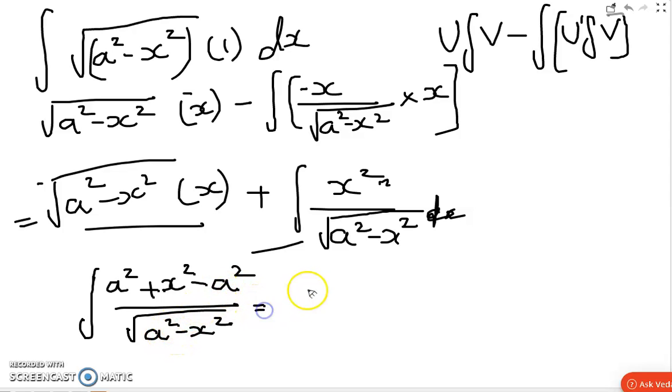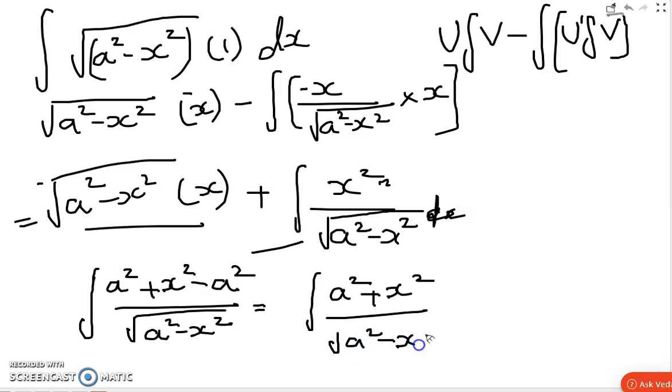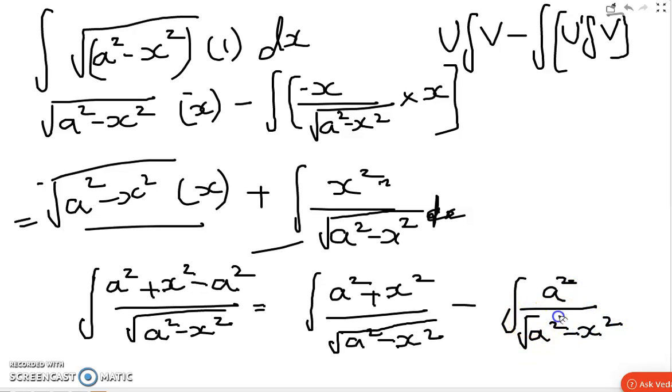So this can be written as a square plus x square by root of a square minus x square, minus a square by root of a square minus x square. We have divided in this way.